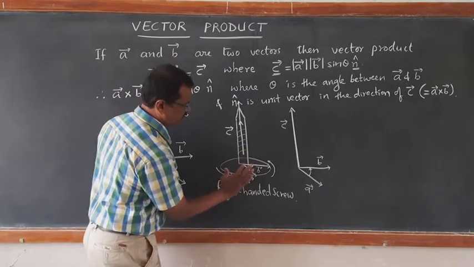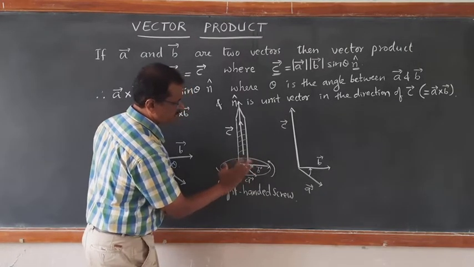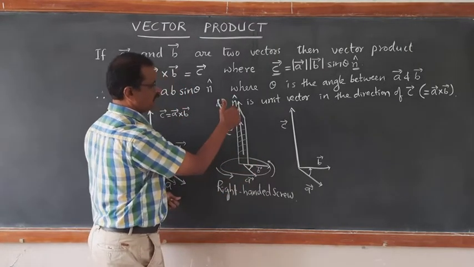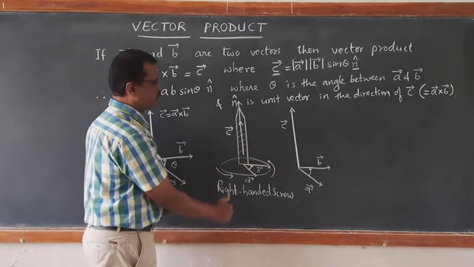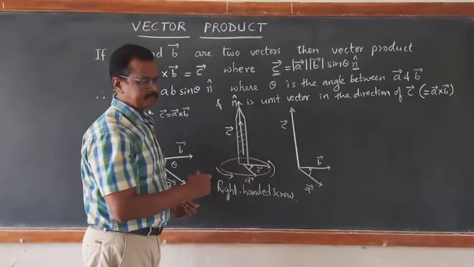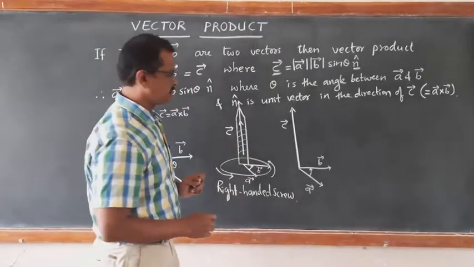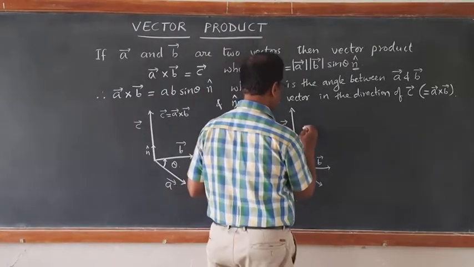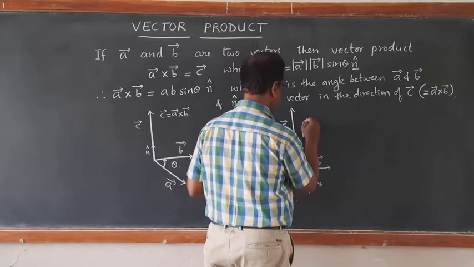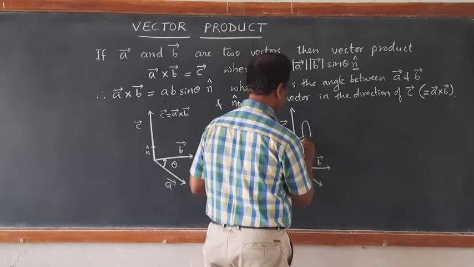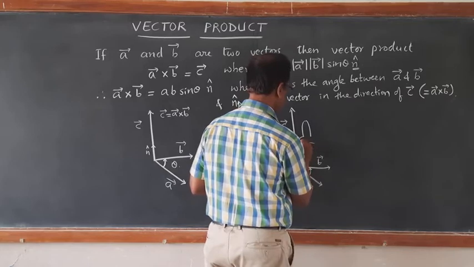When you turn the head of the screw, it advances vertically upwards. That gives you the direction of the A cross B product. So you can show the thumb like this and the remaining fingers like this.